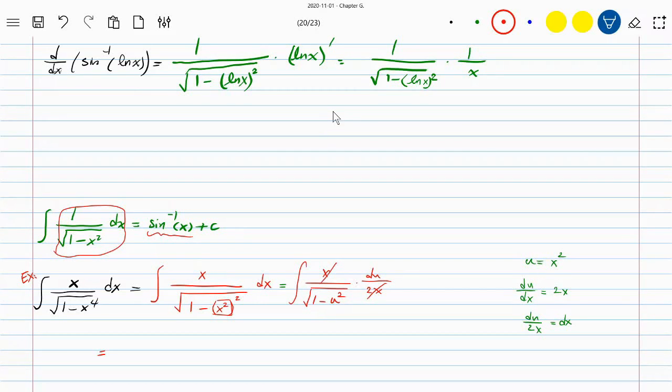So what we have is the integral, actually I'm going to put this 1/2 outside, the integral of 1 divided by the square root of 1 minus u squared du. And that is now 1/2 sine inverse of u plus some constant, which is the same as 1/2 sine inverse of x squared plus c.